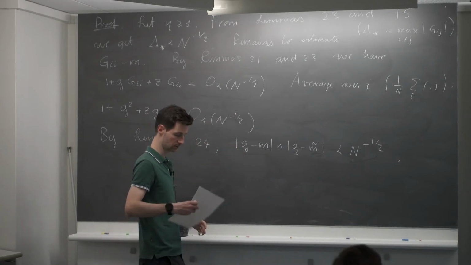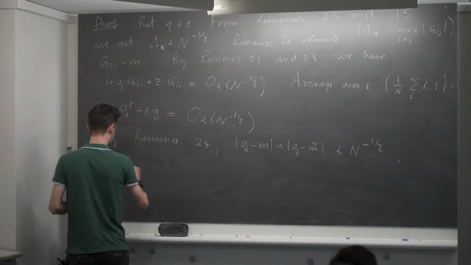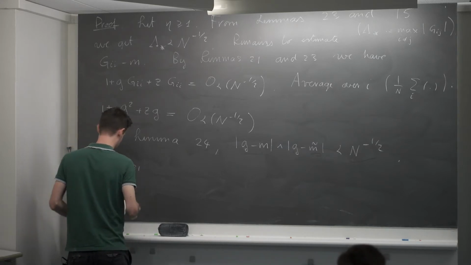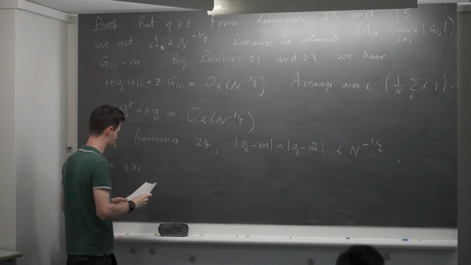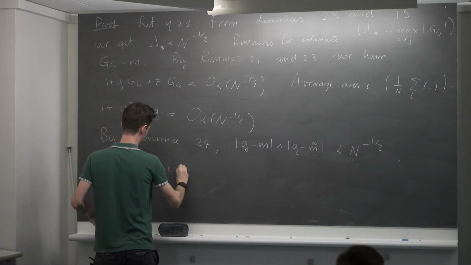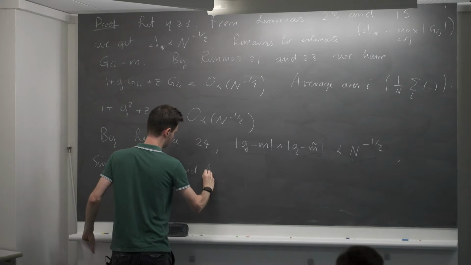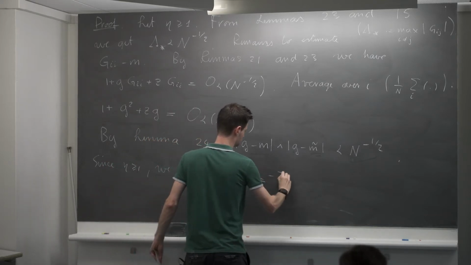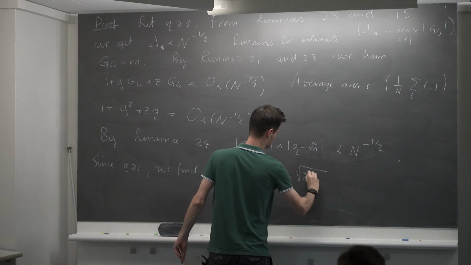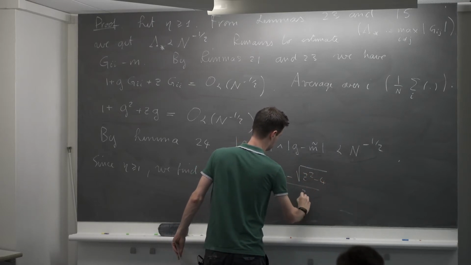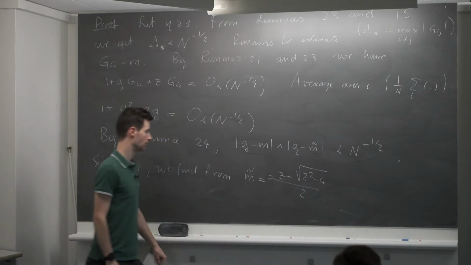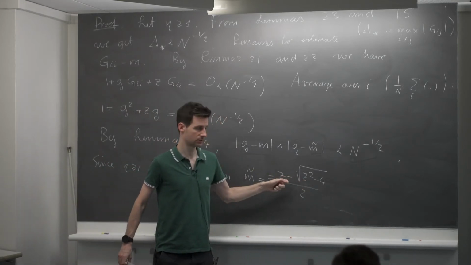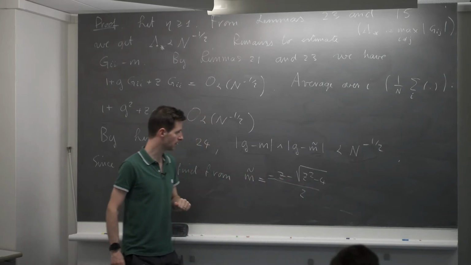Okay, so that's going to be the argument, and that's in fact easy to see. If you recall, m tilde was minus z minus the square root, and the square root was chosen in such a way that this thing has positive imaginary part.